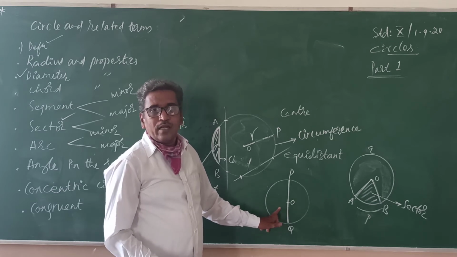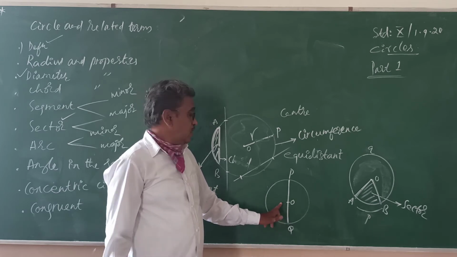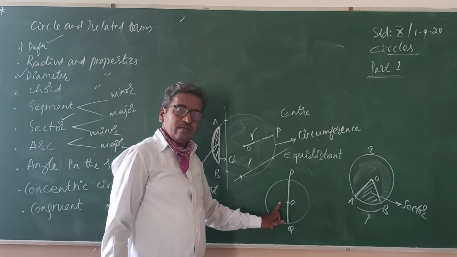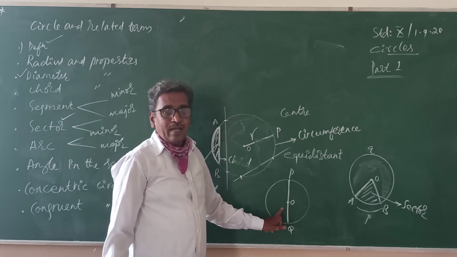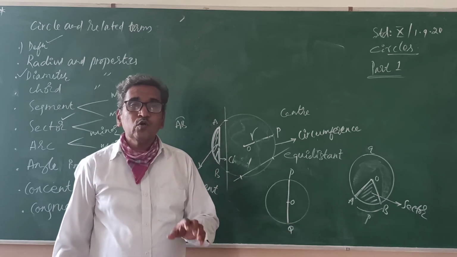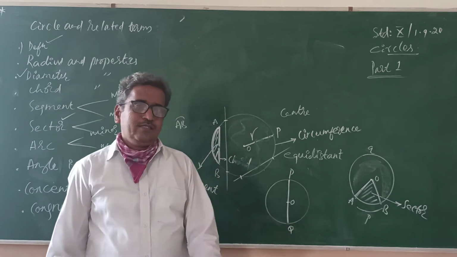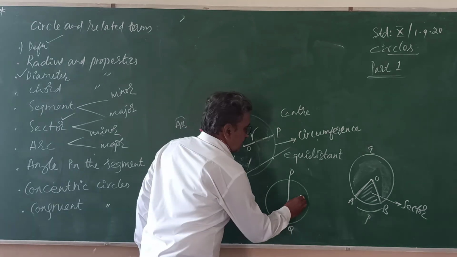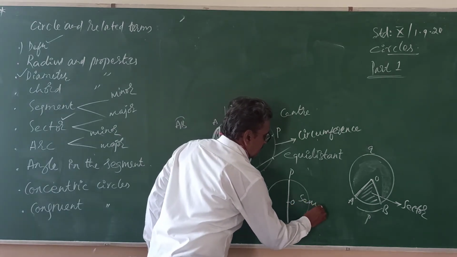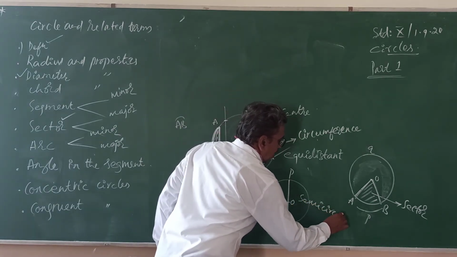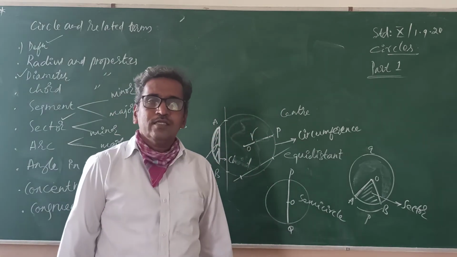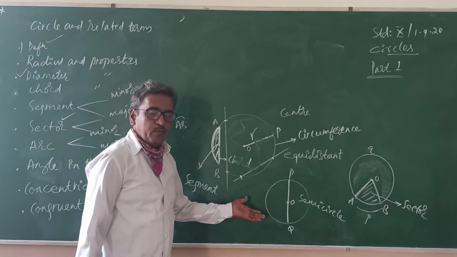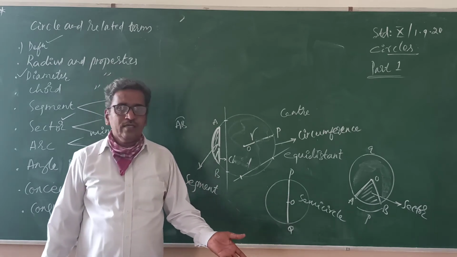An infinite number of diameters can be drawn, and all diameters are equal. So a diameter divides the circle into two equal parts. Each part is called a semicircle or semi-segment. These are the properties of the diameter.